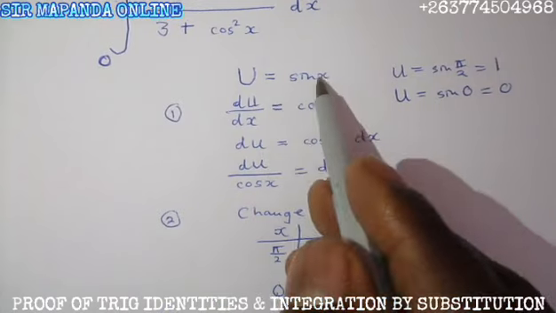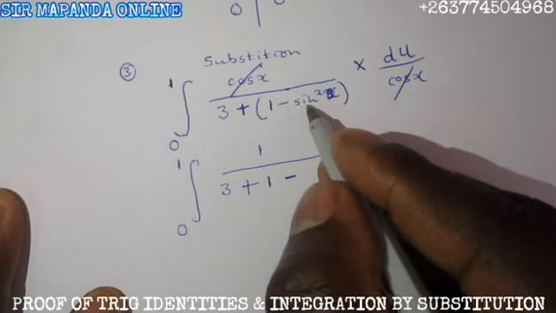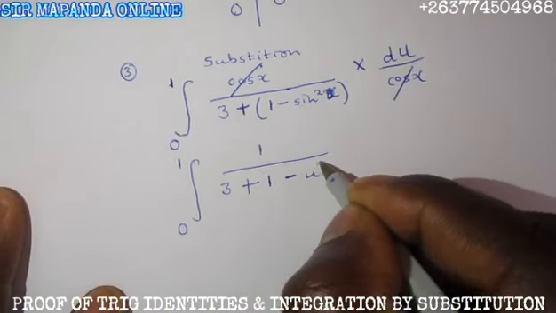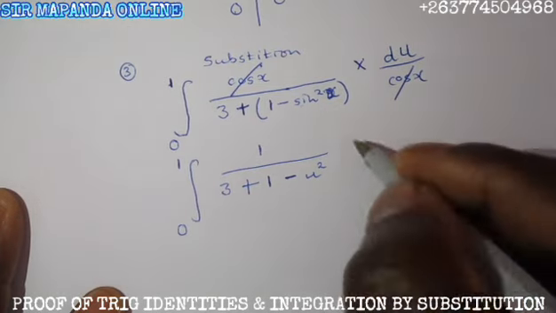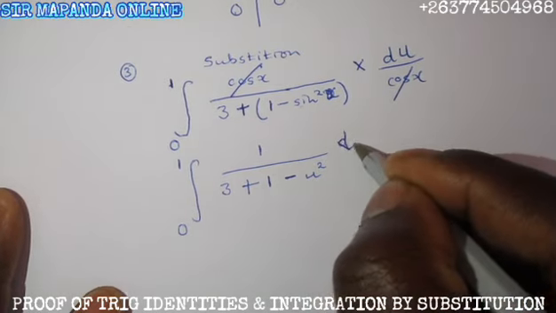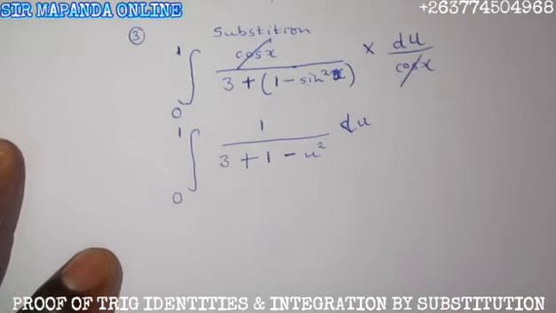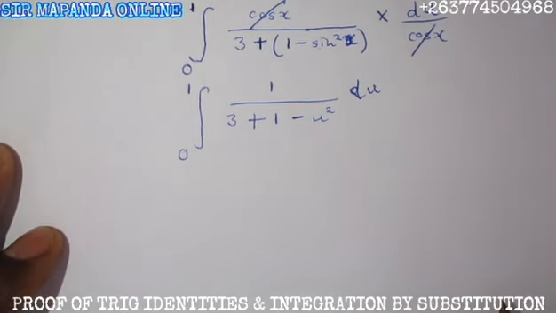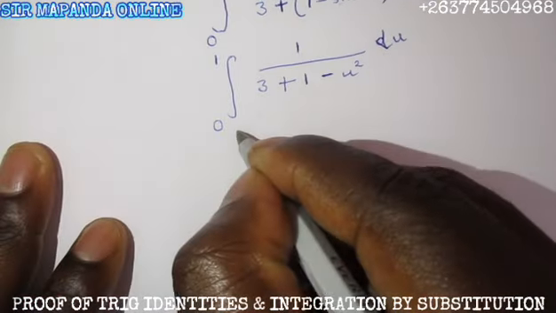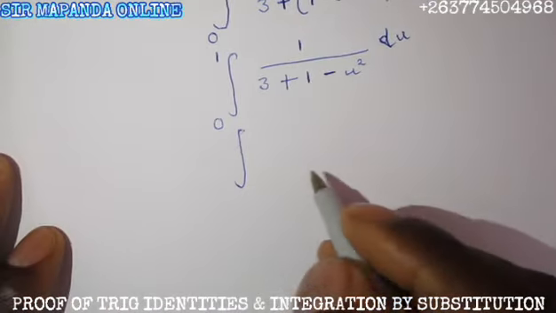Since u is sine in our substitution, it means sine squared x becomes u squared. Then you put du. Now that everything is in terms of u, we can safely integrate. So here, let us simplify our denominator further.